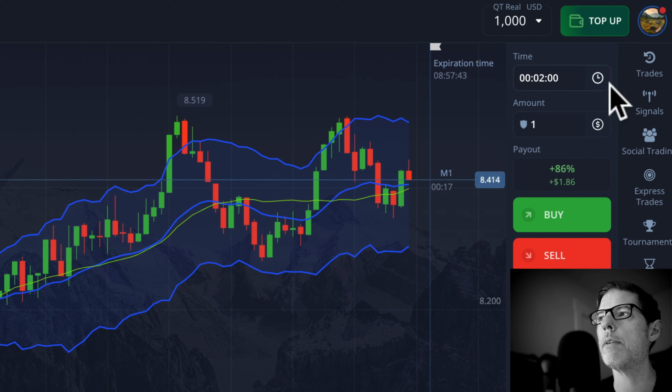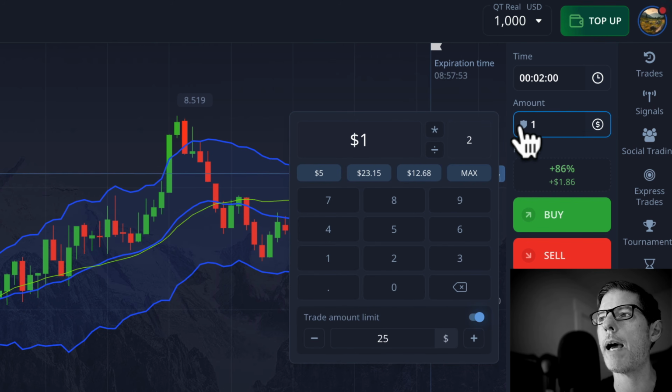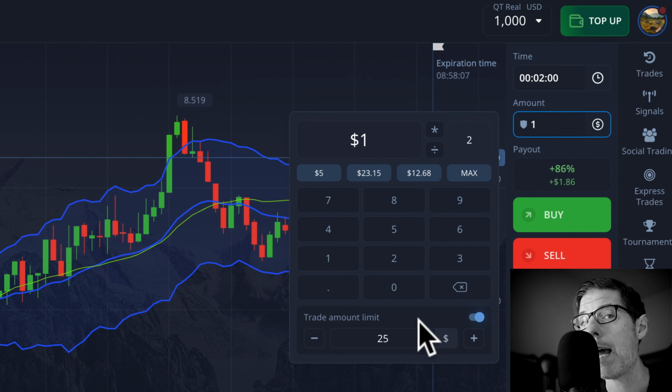If you do see a little flag icon next to the expiry, just make sure this is on the clock icon right here. Also make sure that you do have your trade amount limit turned on. That's very important in case you accidentally enter the incorrect trade amount. You do not want to blow your account or lose a lot of money when you don't have to.